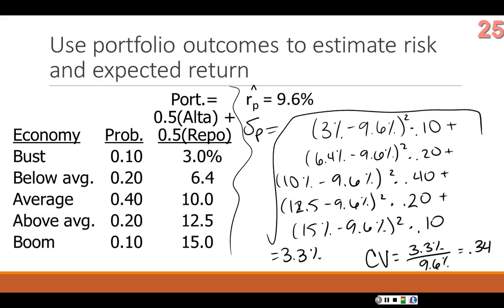Most financial assets are held as a part of a portfolio, and banks, pension funds, and insurance companies are required to hold diversified portfolios. So they're required to hold securities that are not perfectly positively correlated with one another.